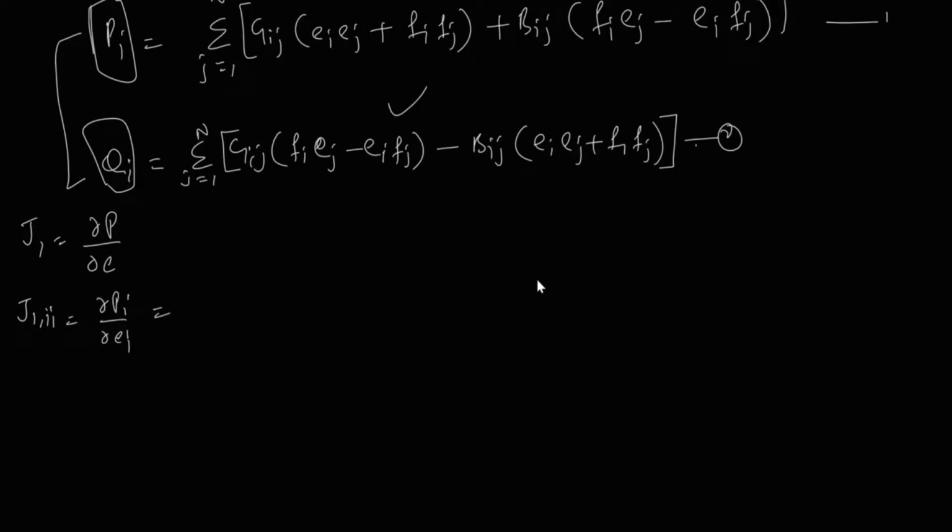So if I take dou Pi with respect to Ei, I have to take the partial derivative of this entire Pi with respect to Ei. So I'll get the Ii term; before that I think I have to take the ii terms outside.